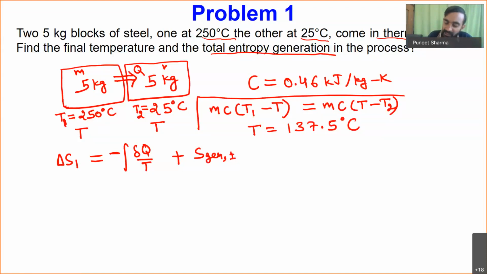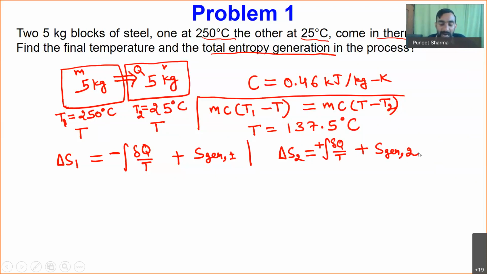Similarly, I can write delta S2 as nothing but integral of del Q by T. Now block 2 is receiving the heat, so for block 2 I can write plus del Q by T, and then plus S generation for block number 2.